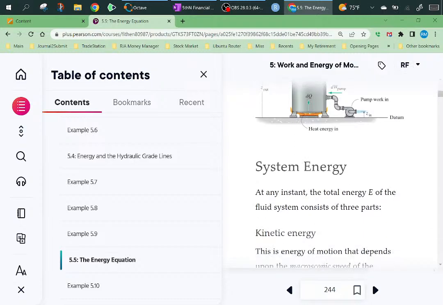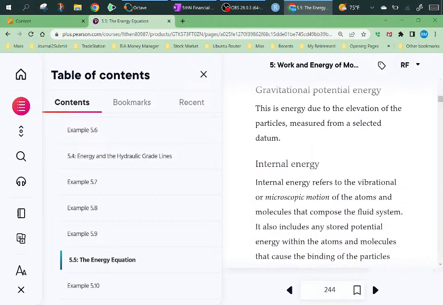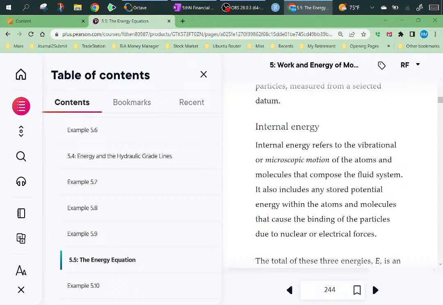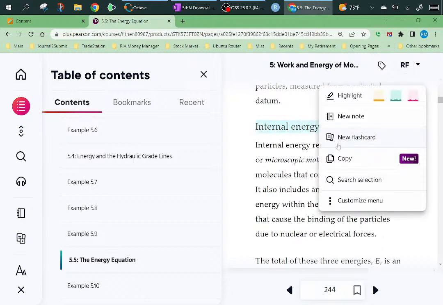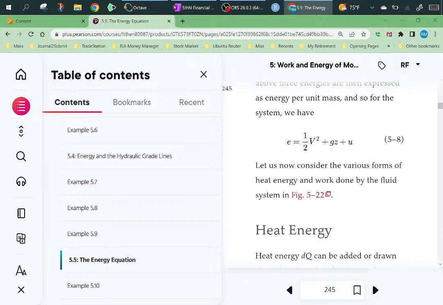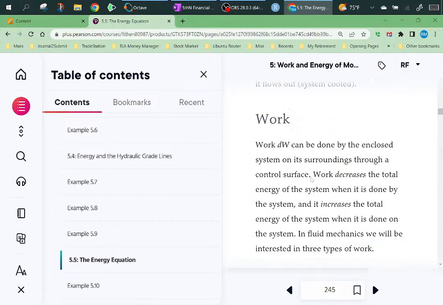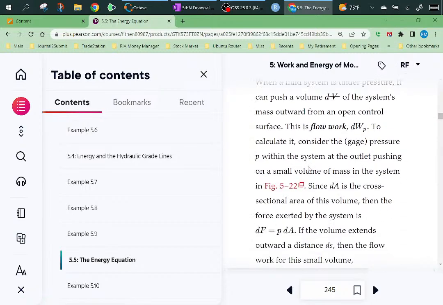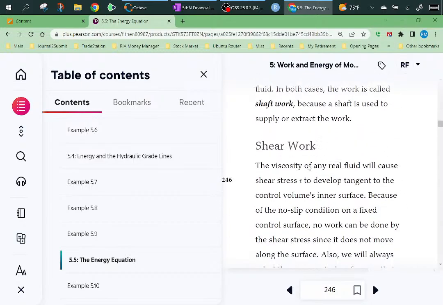Oh, he's doing thermo, I think. Yeah, he's doing thermo. So he's doing internal energies here. So to me, yeah, there's his internal. So actually, this is best left into thermo because that's actually thermo.